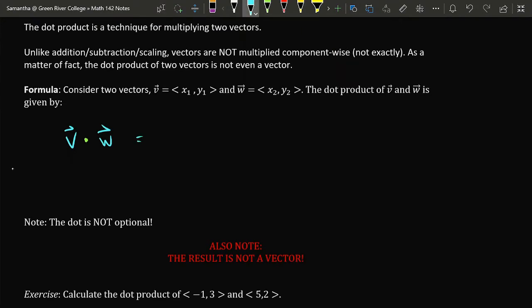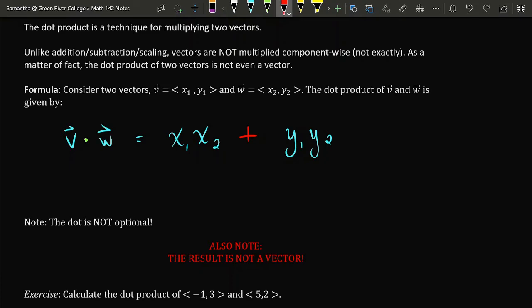Now, the formula starts out almost component-wise. You take the product of the two x components, and you take the product of the two y components. x1 times x2, y1 times y2. But instead of using these two numbers as the components of a third vector forming the result, instead, you're going to add these two numbers together. x1 times x2 plus y1 times y2.